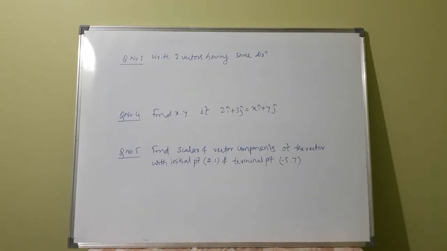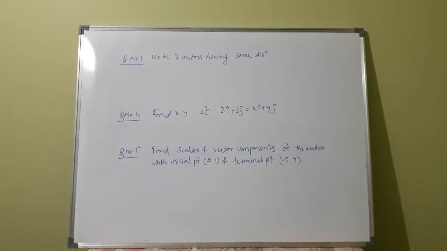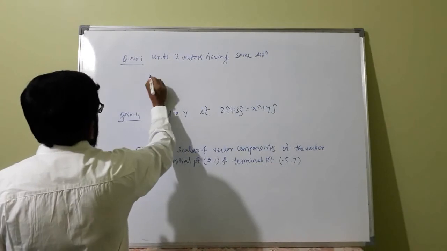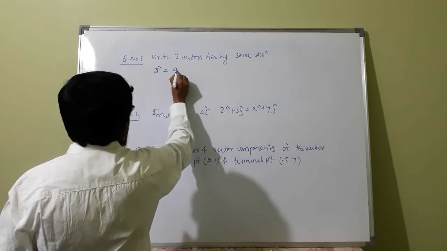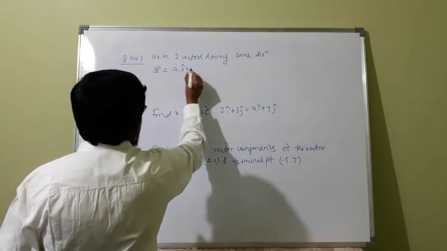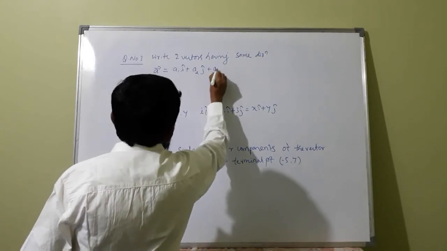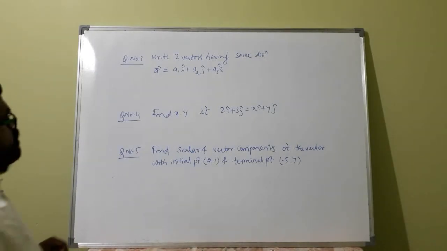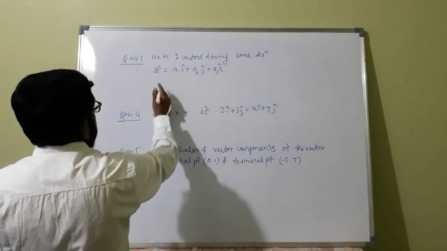Next, the third question is, write two vectors having the same direction. Same direction means parallel. Suppose A is A1i plus A2j plus A3k. The direction of this is towards A only.